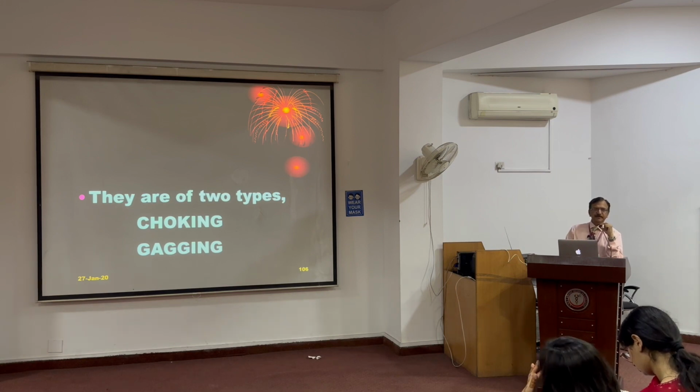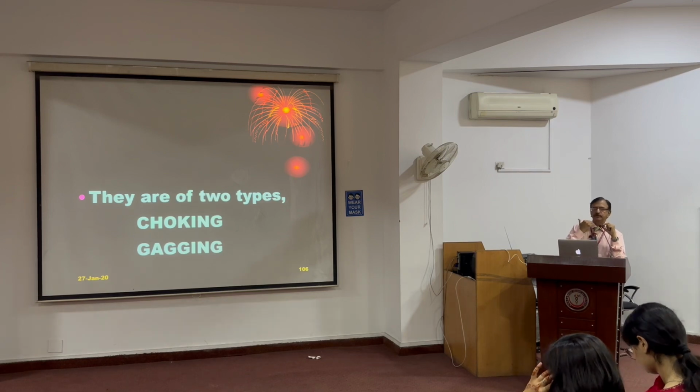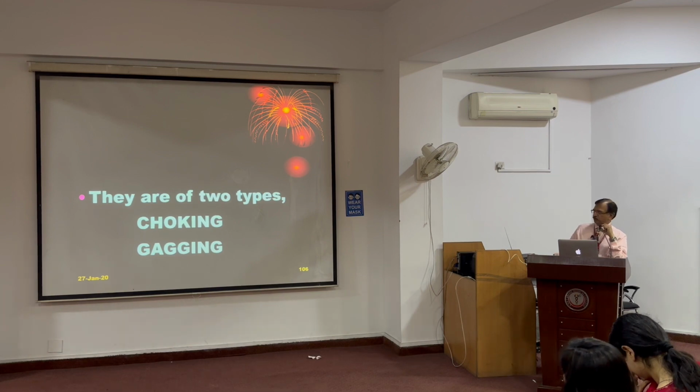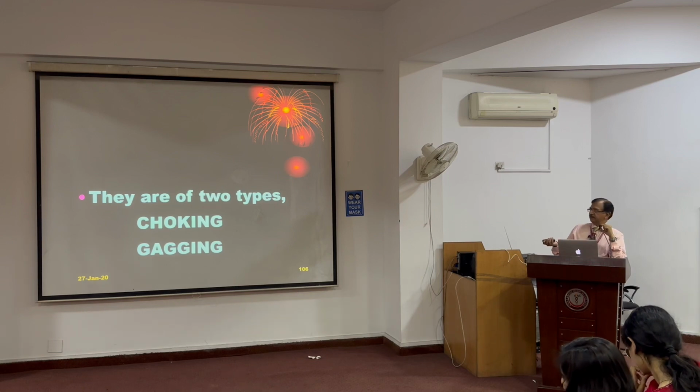Something is stuffed into the mouth, a piece of cloth, a handkerchief, pushing the base of the tongue against the posterior pharyngeal wall and occluding the respiratory passage. So, the occlusion from within is either by choking or by gagging.